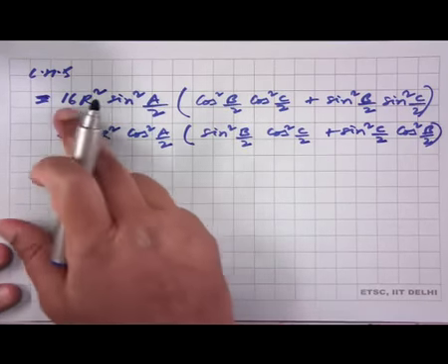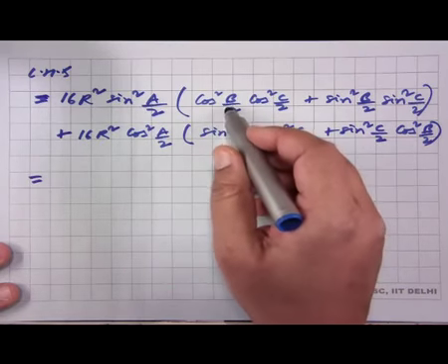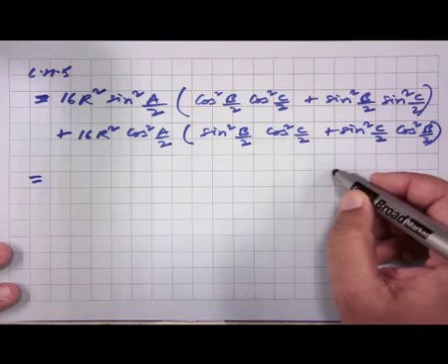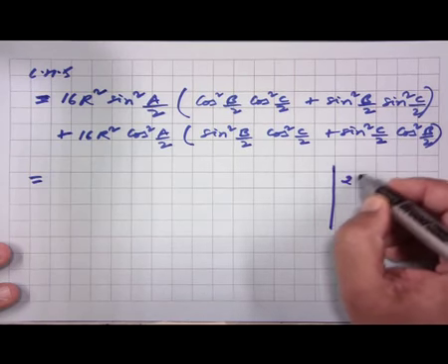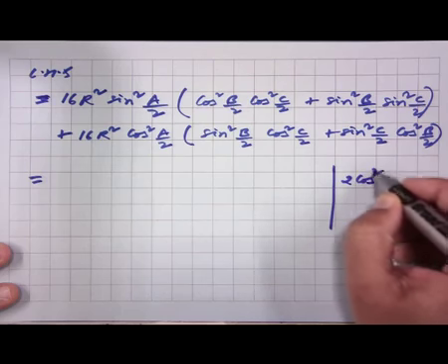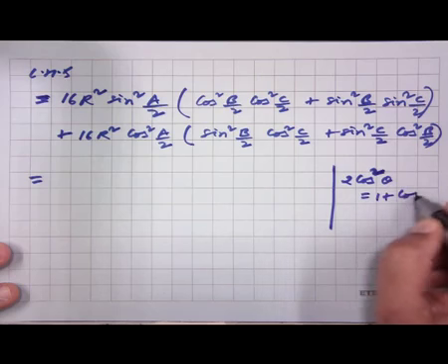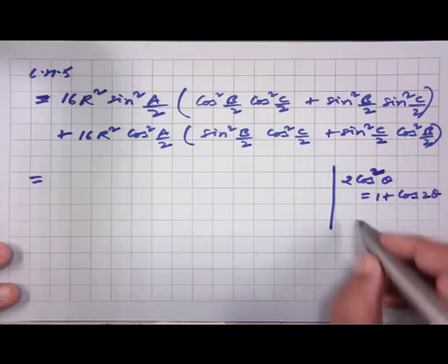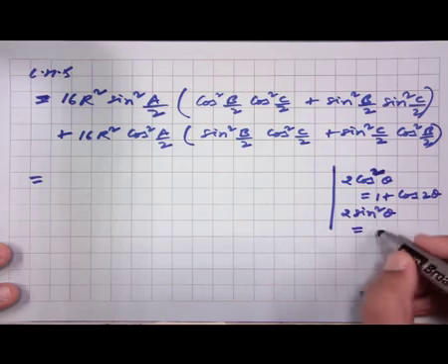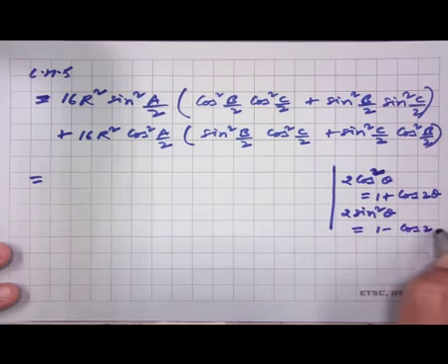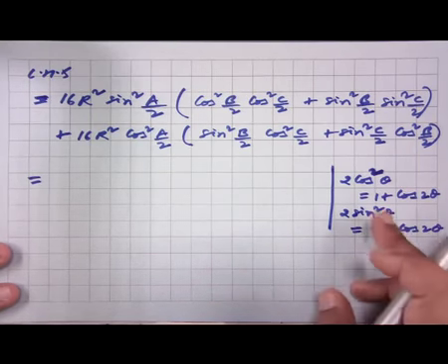So, we will try to move this 16 inside because we have cos square of an angle, and if you recollect, then 2 cos square theta is equal to 1 plus cos 2 theta, and 2 sin square theta is 1 minus cos 2 theta.